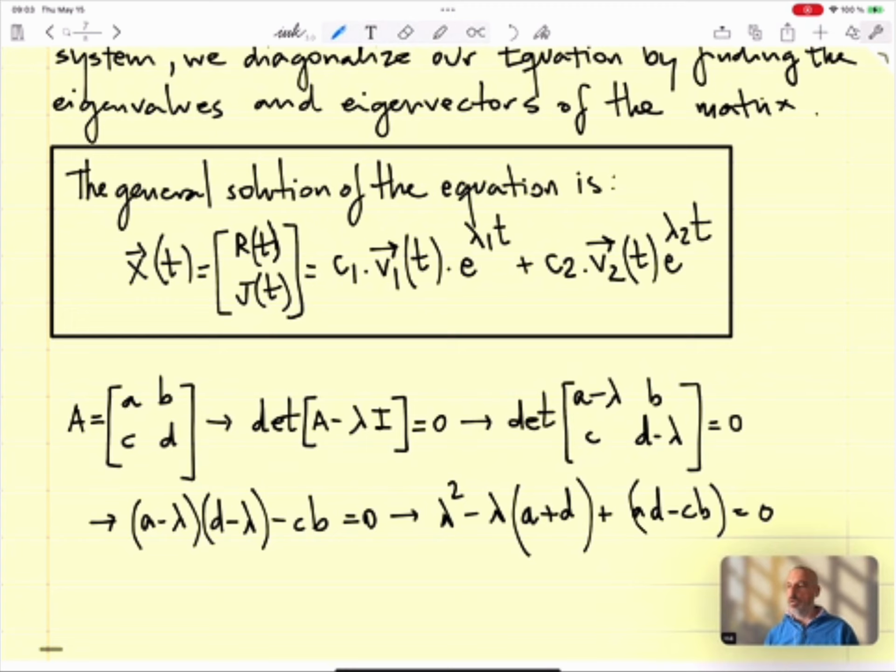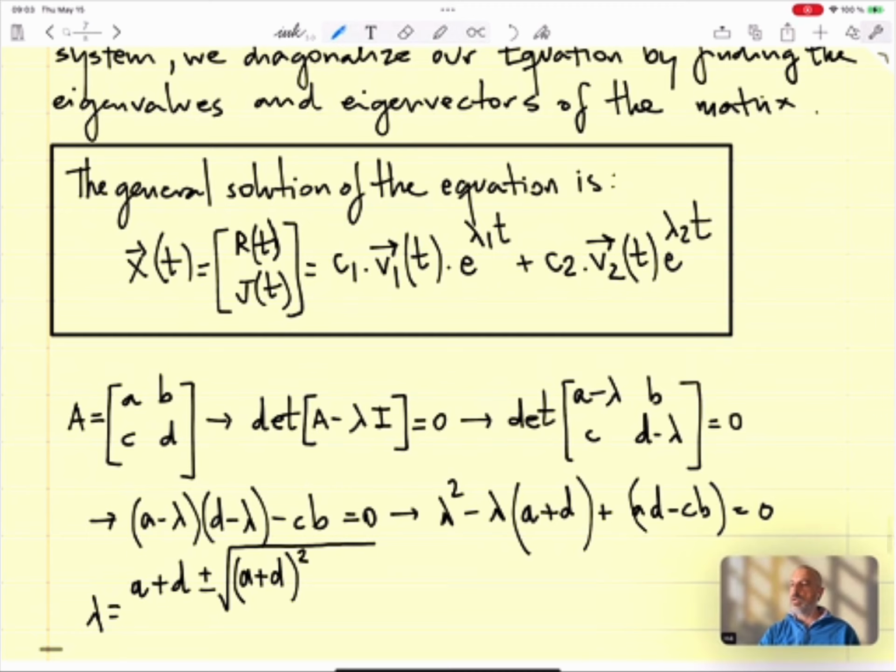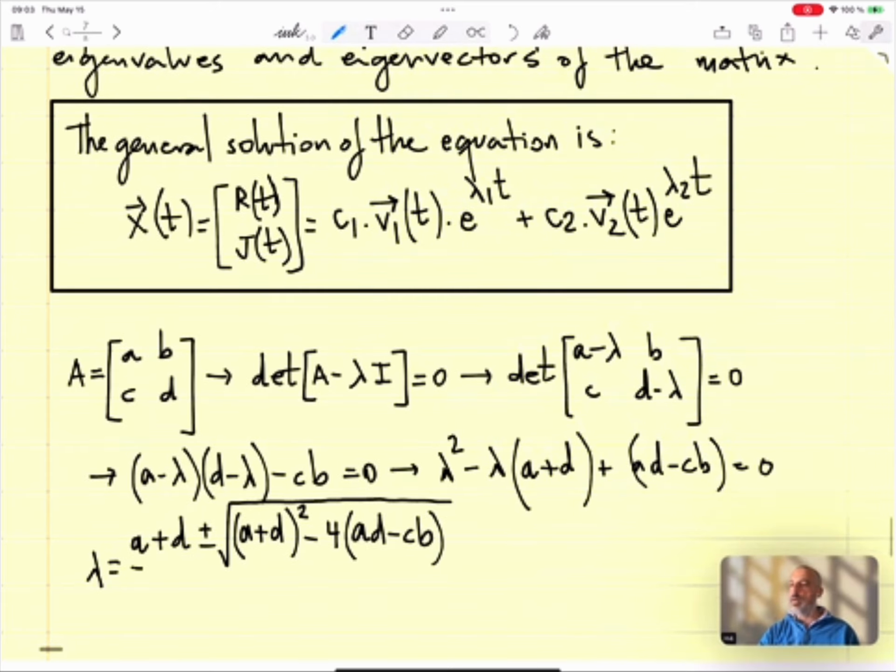Okay, so when we apply the Mitternacht-Formel, we have lambda equals A plus D plus or minus the square root of (A plus D) squared minus 4 times (AD minus CB), divided by 2.